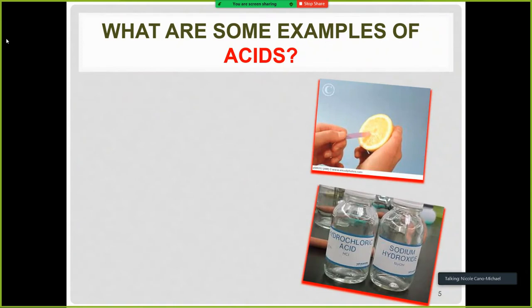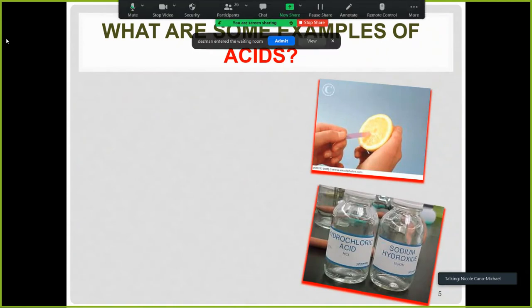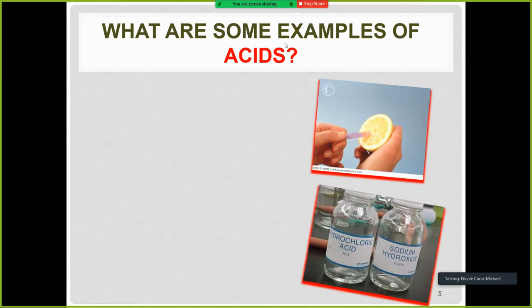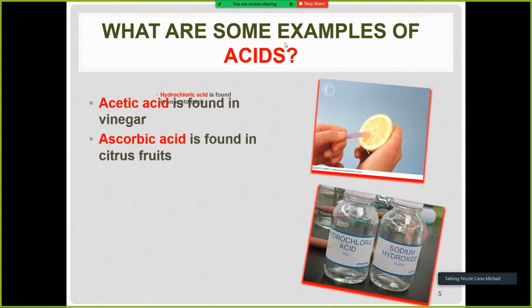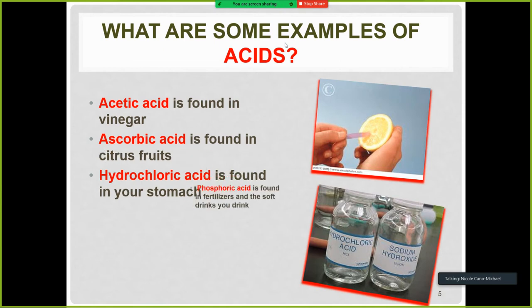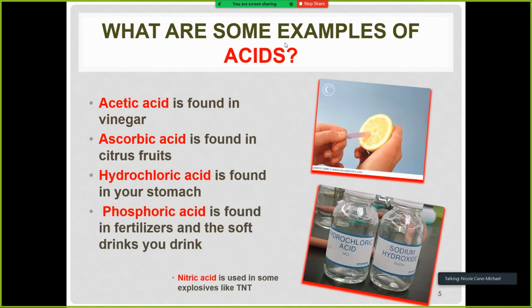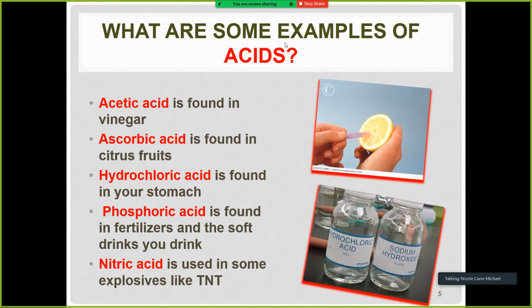So examples of acids, we've talked about some of these already. Examples of acids, and this is number 3 on your notes catcher. Acetic acid, a very, very common acid, is the acid that you find in vinegar. Ascorbic acid is the acid that we find in citrus fruit.